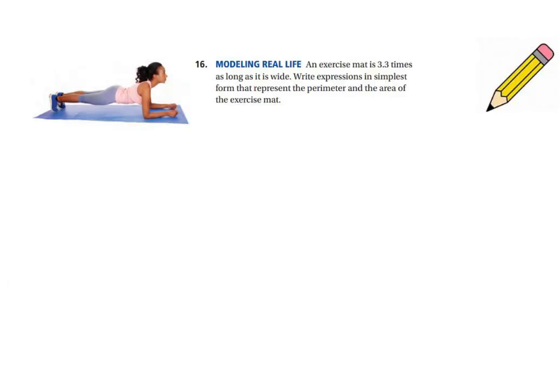Example number 2 for your notes is a model real life. An exercise mat is 3.3 times as long as it is wide. Write an expression in simplest form that represents the perimeter and the area of the exercise mat. So let's start by drawing our exercise mat.